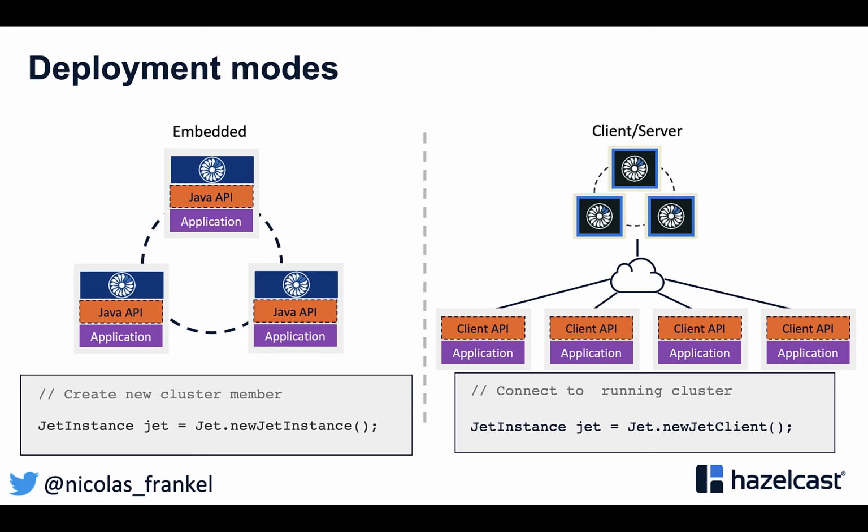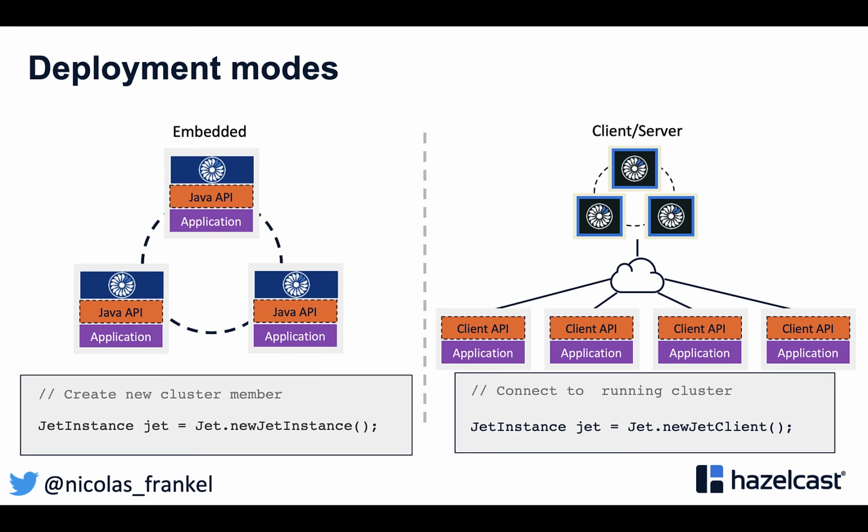So we have another way to deploy it, and that is to deploy your Jet nodes independently from your application. In that case, your application doesn't wrap the Jet jar, but just the Jet client jar. Then we've got deployments in the form of Helm charts or Docker images, whatever you want, and then you can scale independently.